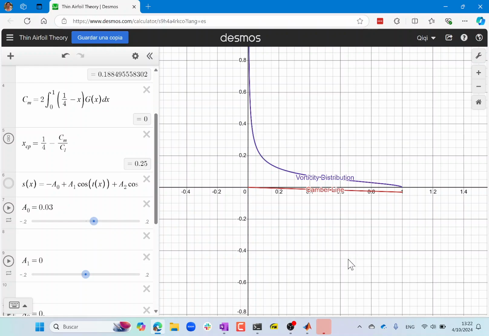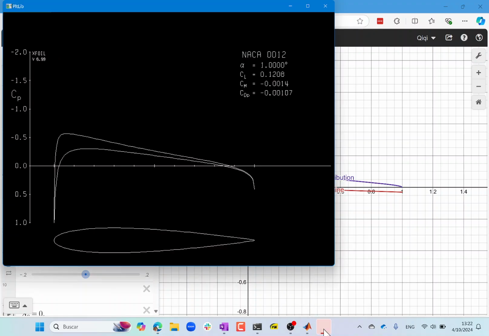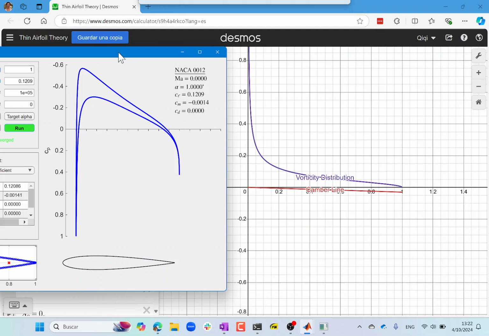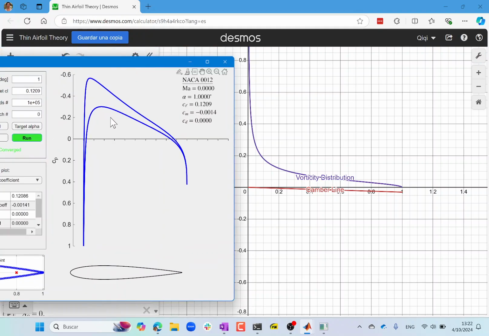So this purple curve over here, compare this against, let me just use this one, compare against not one of these blue curves, but the difference between the blue curves. Okay, they are actually the same function except for at the very leading edge, right?